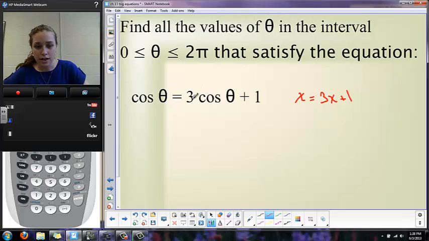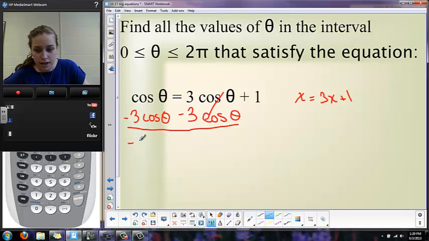That's exactly the same thing that we're doing right here. Cosine theta and 3 cosine theta, they're like terms. They're the same variable. So we just have to combine our like terms. So I'm going to subtract 3 cosine theta from both sides, just like I would have done over there. So I have 1 cosine theta minus 3 of them.